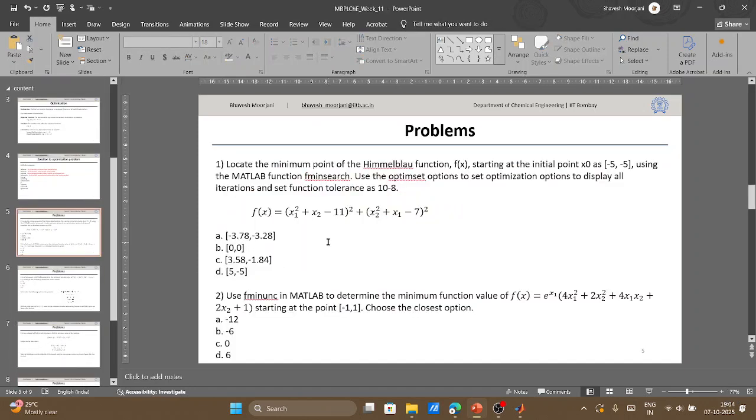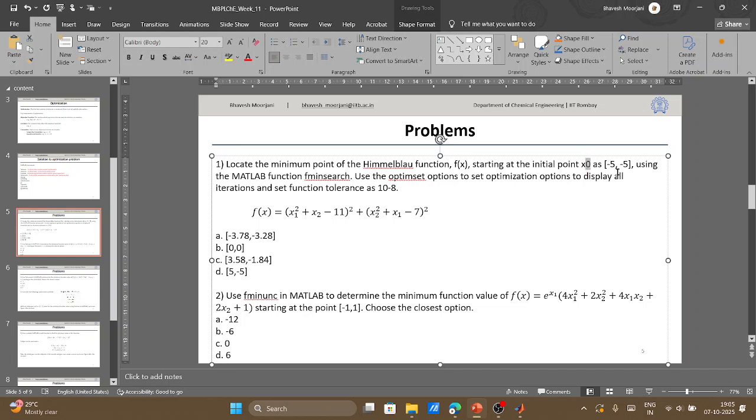So first you have problem number 1, which says locate the minimum point of Himmelblau function f(x), which is given as this. Initial starting point is given as minus 5 and plus 5 for x1 and x2. Using the Matlab function fminsearch, use the optimset option to set the optimization option to display all the iterations, and set function tolerance as 10 to the power -8.